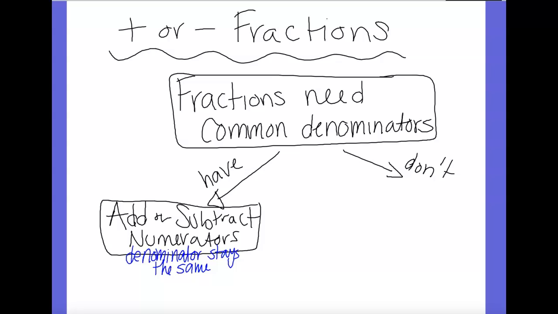Then you're either going to get an improper fraction or a regular fraction. So this side is going to say improper, and this would be not improper. What is an improper fraction again? When my numerator is bigger than my denominator. If it is an improper fraction, you need to change it to a mixed number.